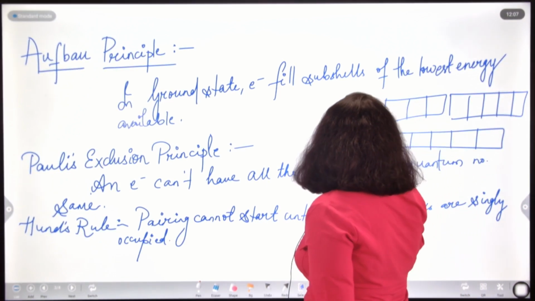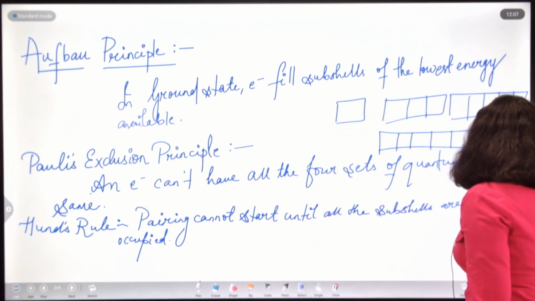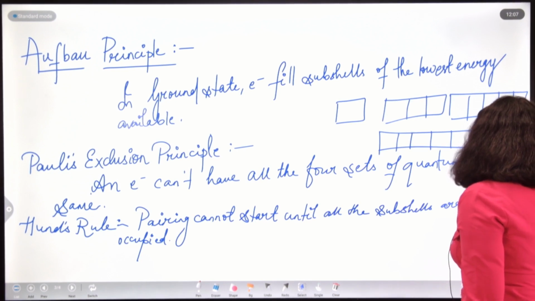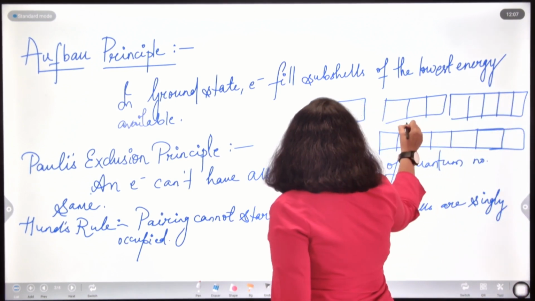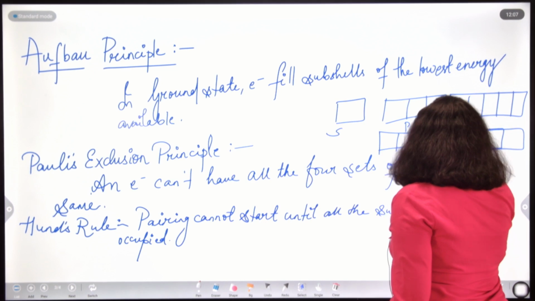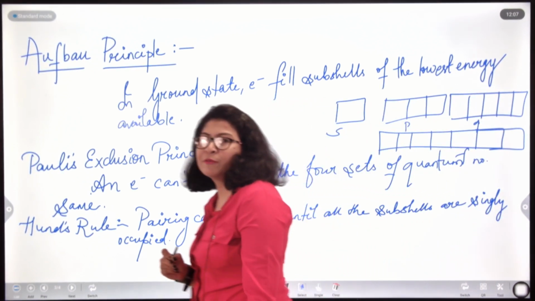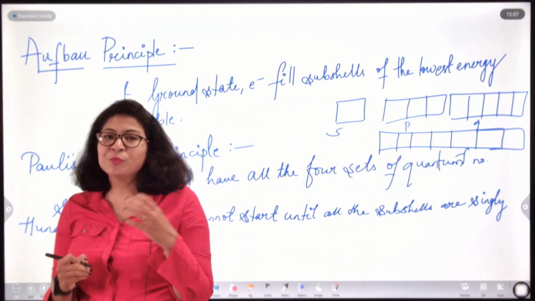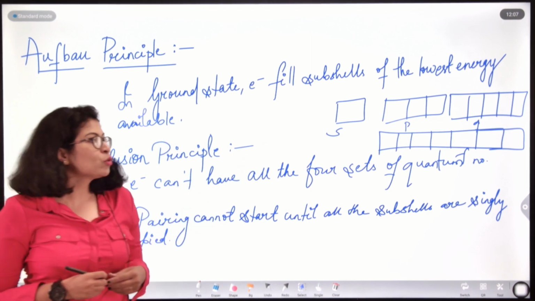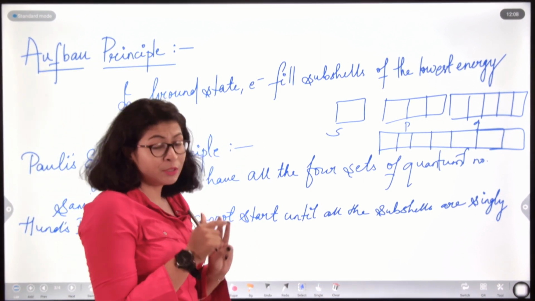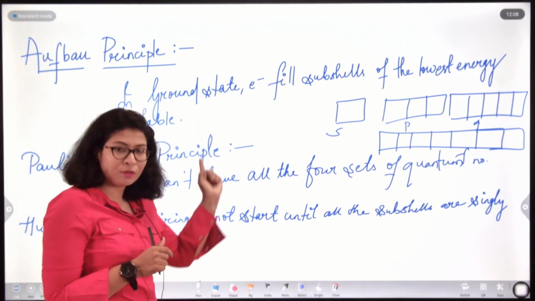This was S, P, D, F. And writing electronic configuration means basically distributing electrons in these orbitals. So, how was it done? It was done based on 3 rules.